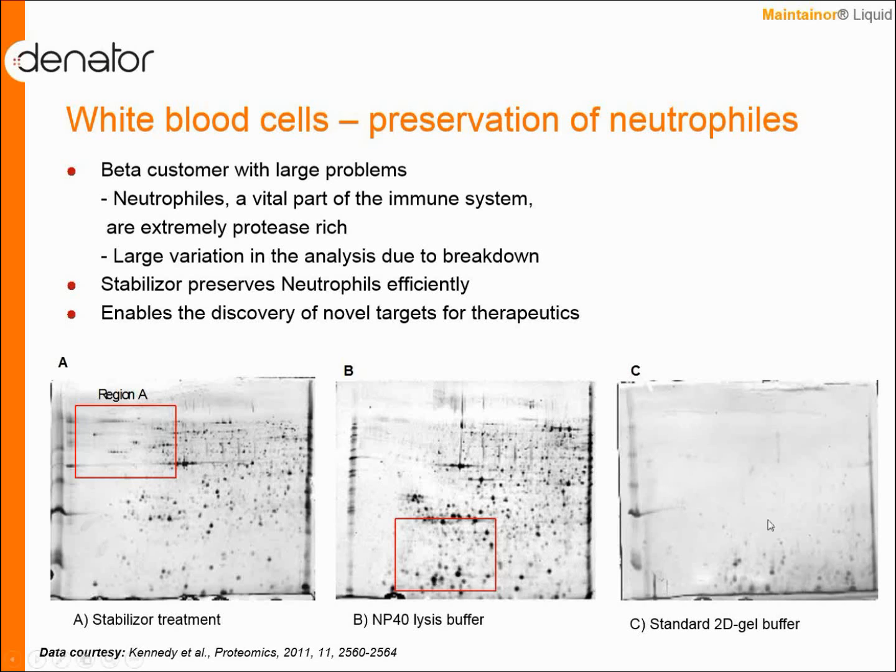If we start from the right here, the C panel, we see the sample extracted using an ordinary 8 molar urea buffer with inhibitors. We see that there's just a few faint spots in the lower area here. They modified the buffer by adding the detergent NP40, which markedly increased the spots.